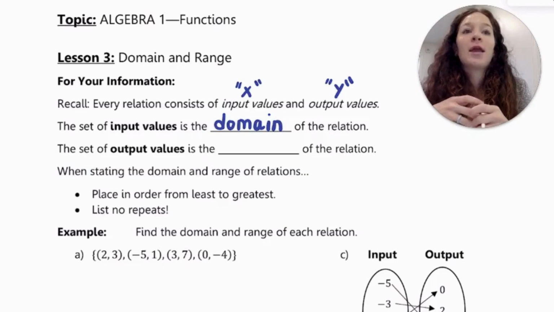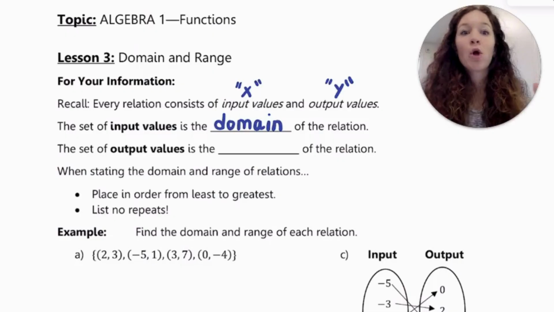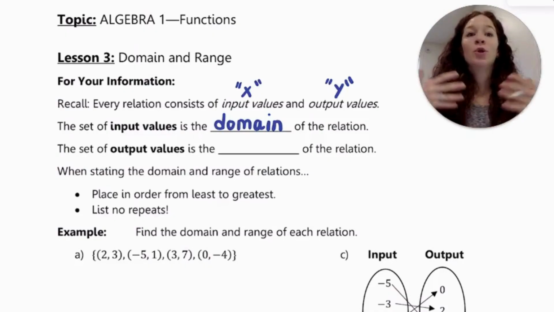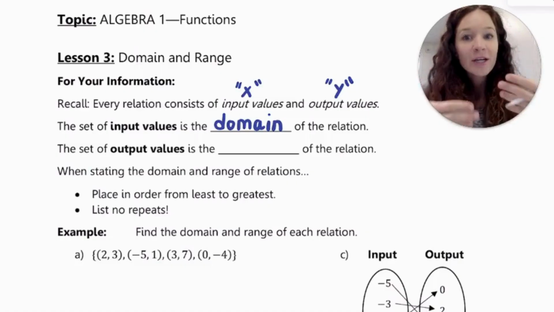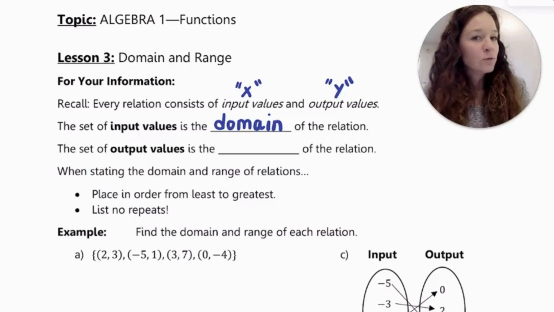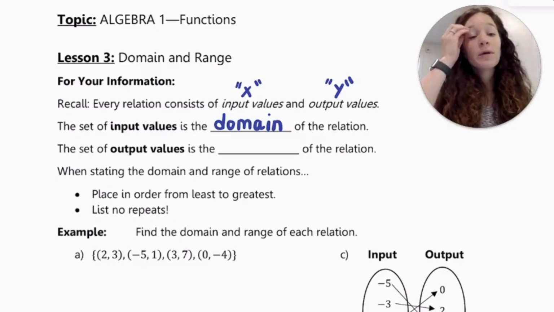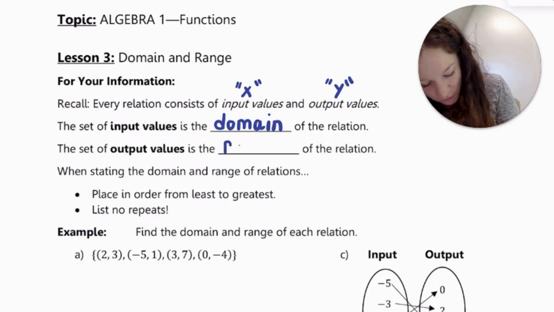So for a washer, the domain, the input is dirty clothes, dirty towels, dirty sheets, right? And then your output, what you get back after it goes through that function, is clean, wet clothes. So we call the output our result of that input into that machine. Our output is the range.